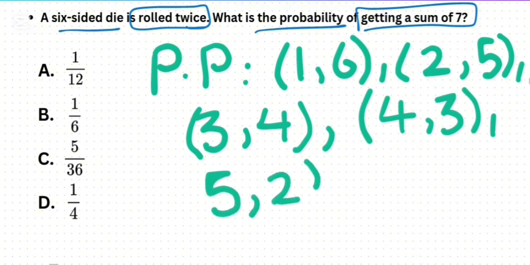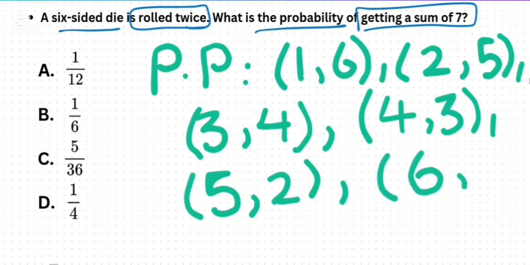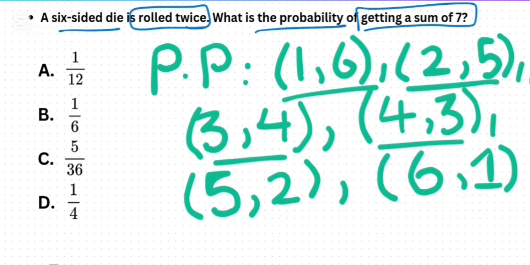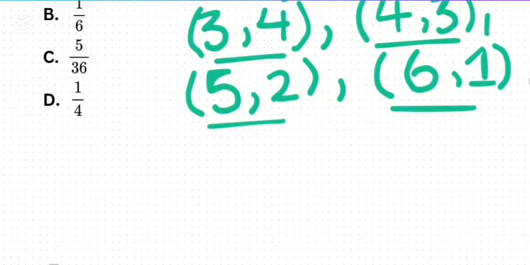And the last pair is 6 1, right? So these are the possible pairs. If you see, total possible pairs are 1 2 3 4 5 6. See, the favorable outcome is 6.